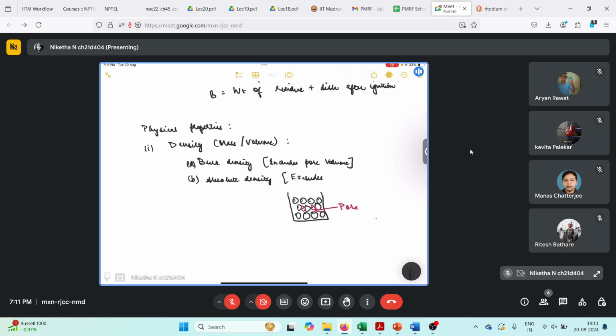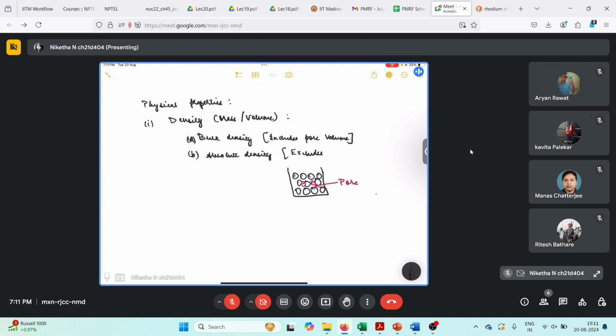If it is saturated, it means that the pore is completely filled with water. If it is unsaturated, it means that some pores are filled with water and some pores are still filled with air.